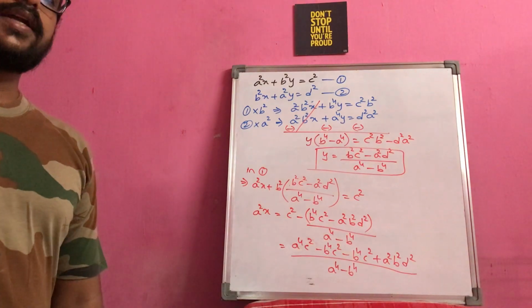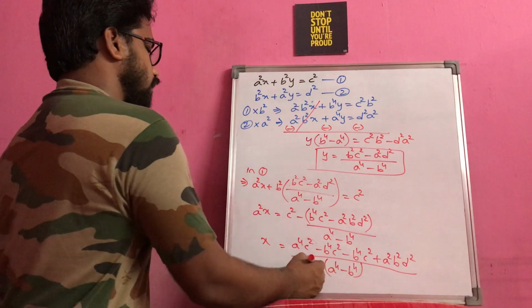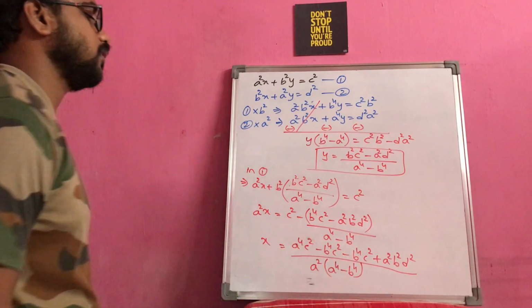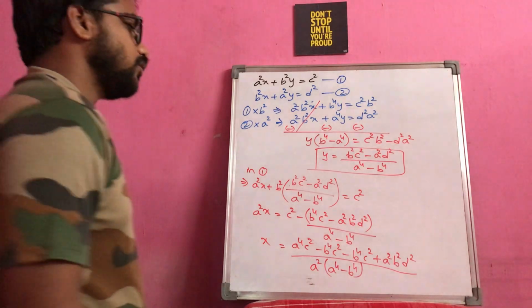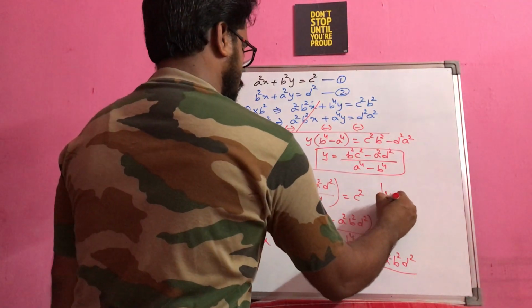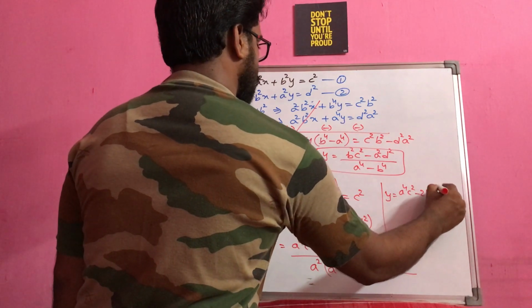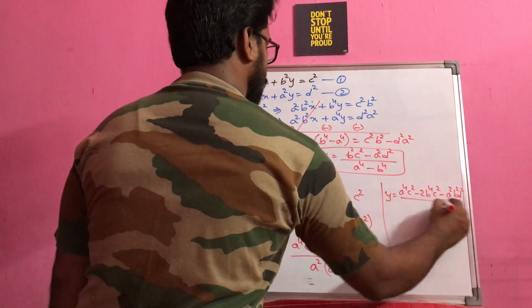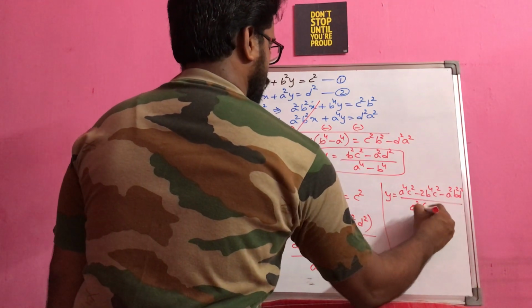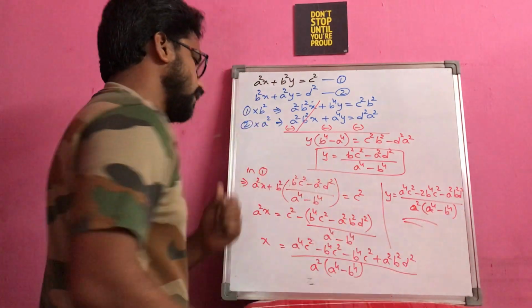You need the value of x, so a square will come to the denominator. This is minus 2 b power 4 c square. If you rewrite that, x is equal to a power 4 c square minus 2 b power 4 c square minus a square b square d square divided by a square times a power 4 minus b power 4. This is the value of x.